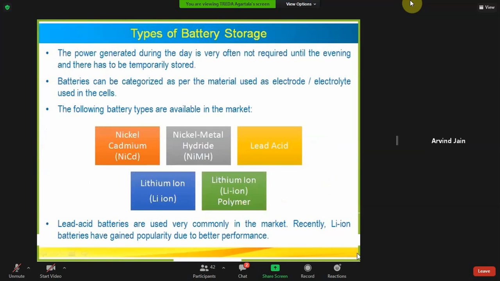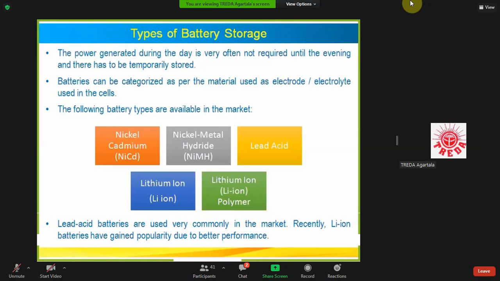Now you see, the power generated during the day is very often not required until the evening, and has to be temporarily stored. That's what I told earlier. Batteries can be categorized as per the material used in the cells.